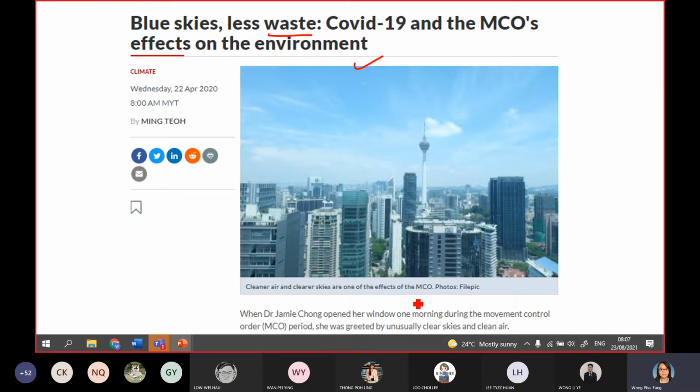Surprisingly, that is the effect of the MCO and COVID-19. We managed to see blue sky, clearer sky, and the air became better, with less pollution. So you can see how seriously we affect the environment.